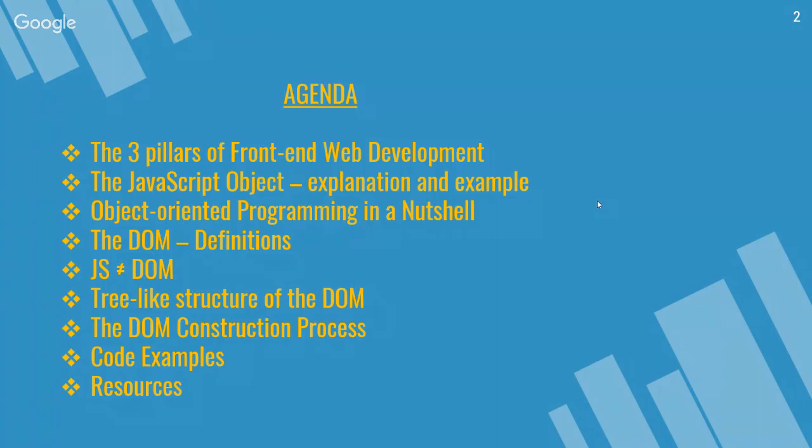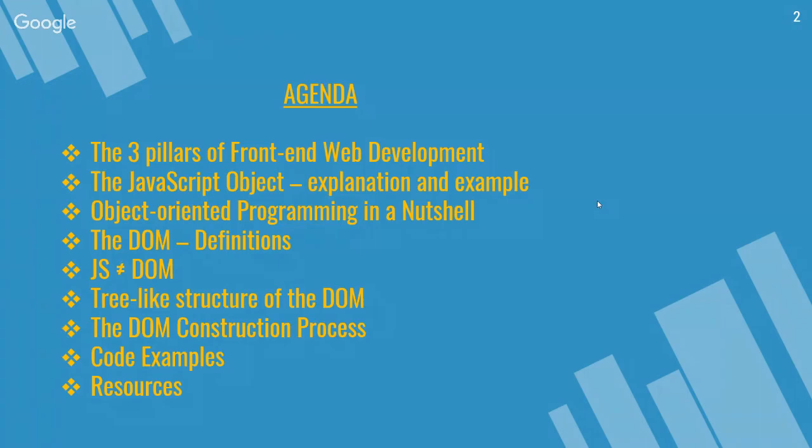After that, we'll explore an example of the tree-like structure of the DOM so you can make sense of it when someone says that the DOM has a tree-like structure. And later, we'll have a look at how the DOM is created. This is a bit of a theoretical section, which is good to know if you intend to work as developers, which I'm sure you do.